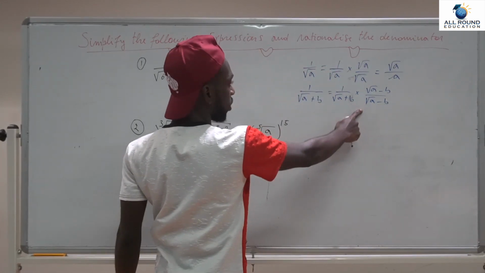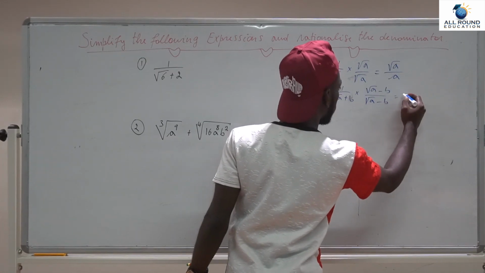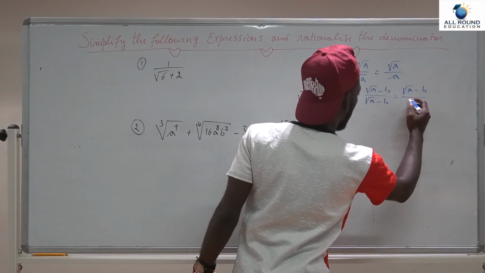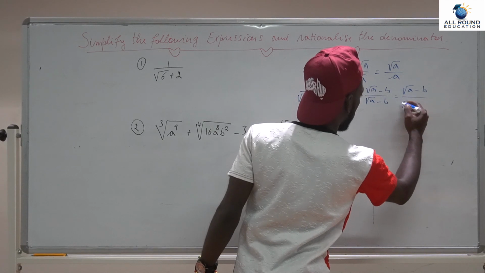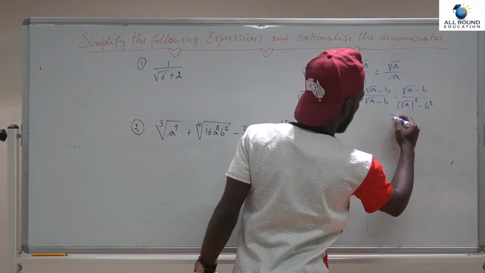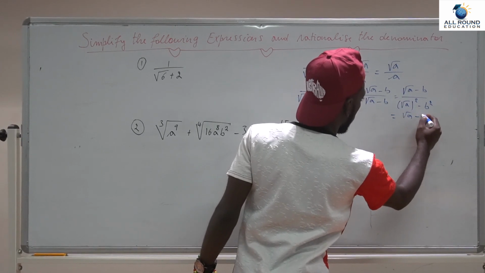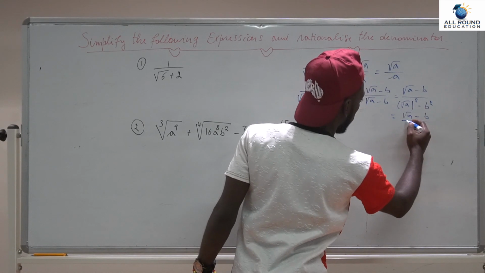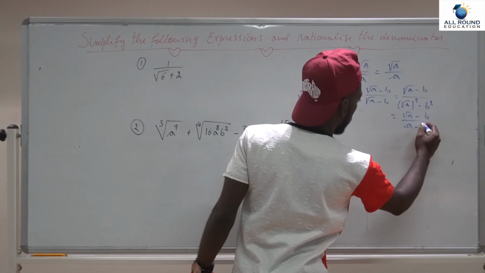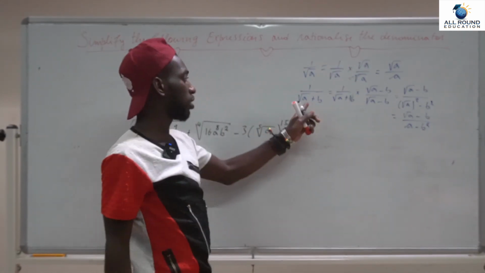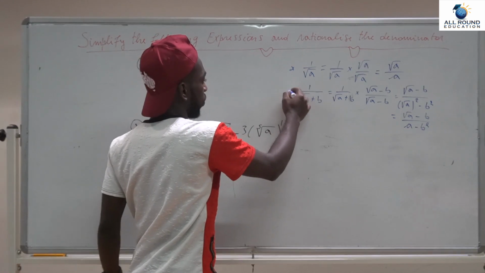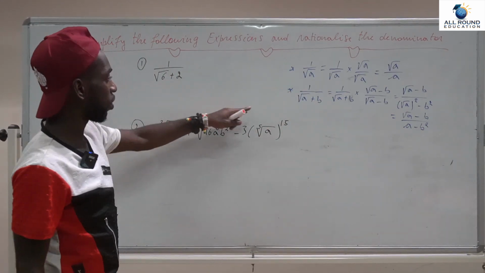And when you do this, what you end up with is root a minus b over root a squared minus b squared, which is root a minus b over a minus b squared. So you can see this is the first form that you could have, or you could have this one. In our situation, we have got the second one.